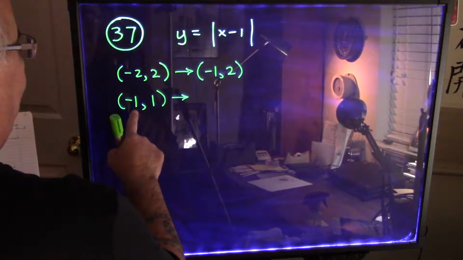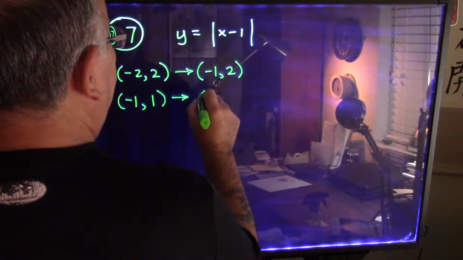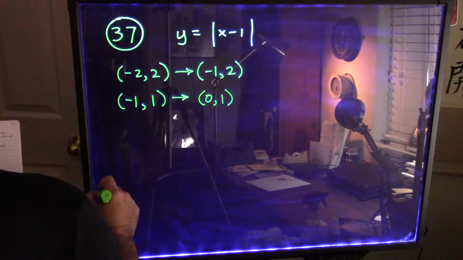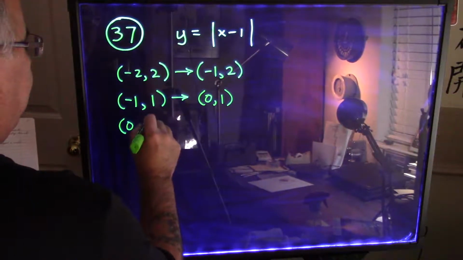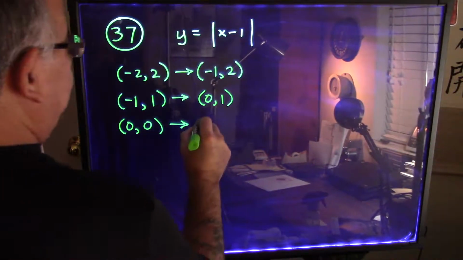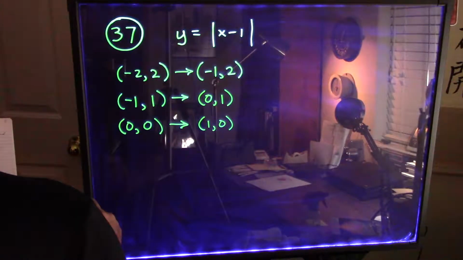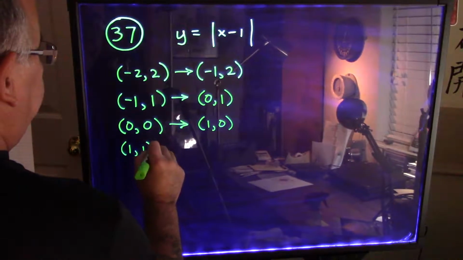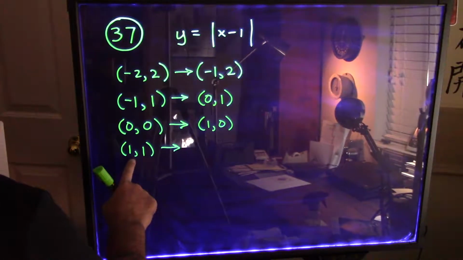So you add 1 to that x coordinate, and you get 0, 1. And 0, 0 is on the original graph. Add 1 to the x coordinate and you get 1, 0. And what else? We've got 1, 1. Add 1 to that x coordinate there and you get 2, 1.